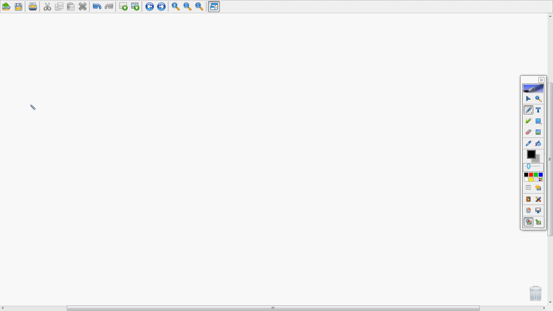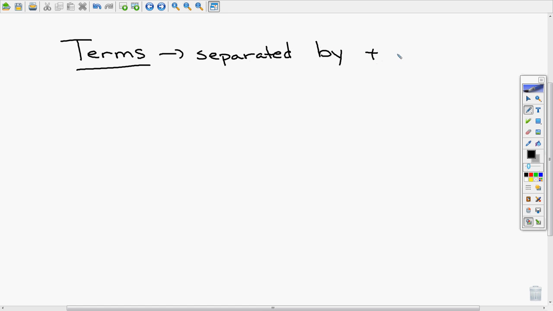Alright, so the next term we need to define is the term "terms." And you saw this a little bit when you did your function sorting activity. A term is separated by plus or minus signs. Plus or minus signs separate terms.